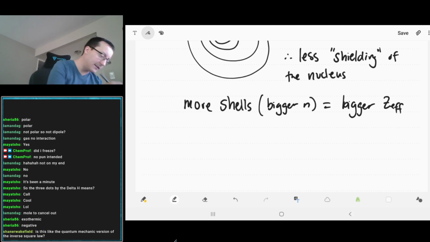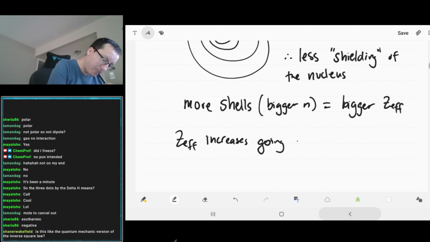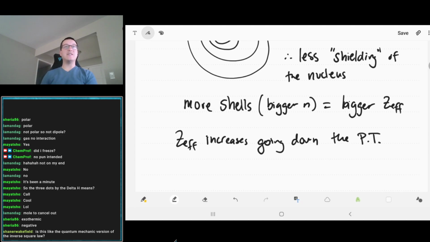So that tells us as we go down the periodic table from lithium to sodium to potassium to rubidium, we're going to get a bigger effective nuclear charge. That's just one more thing that we're going to want to worry about.